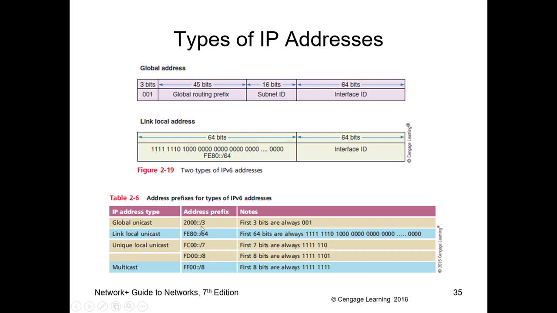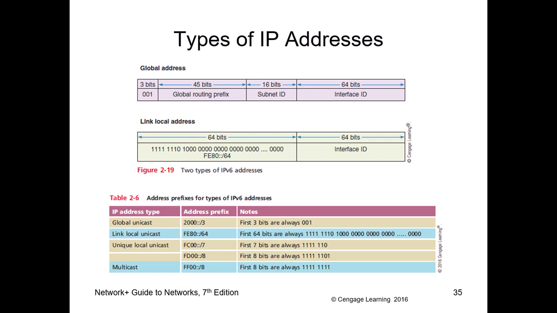So if your address starts with 001, which means it starts with the number 2 or 3, it starts with number 2, then you have a global address, an address that you get on the internet. If you need to get on the internet, you must have an address that starts with 2, right? The first nibble, the first 4 bits.